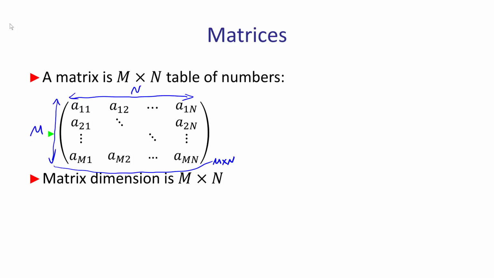Note that the first index of all of the elements of the matrix, which is that element, and that element, and all of those elements, are basically number of row. The second element is always number of column.